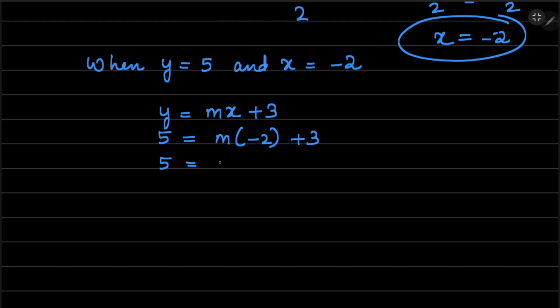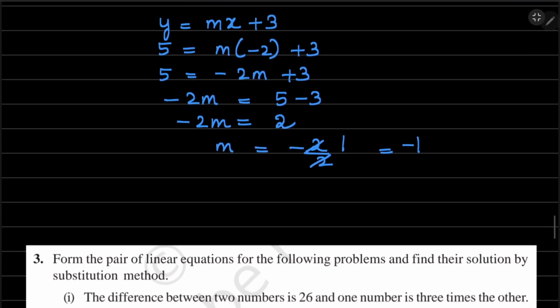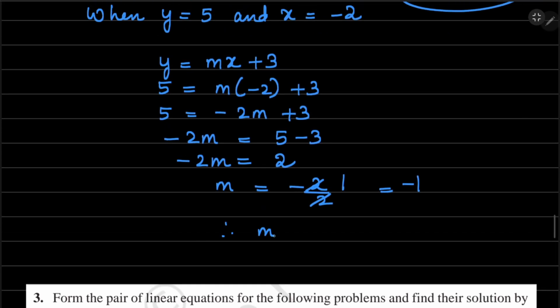So 5 equal to minus 2m plus 3. So what can you write? Minus 2m is equal to 5 minus 3, which is 2. So minus 2m equal to 2, m is equal to minus 2 by 2, which is minus 1. So m is equal to minus 1 is your final answer.